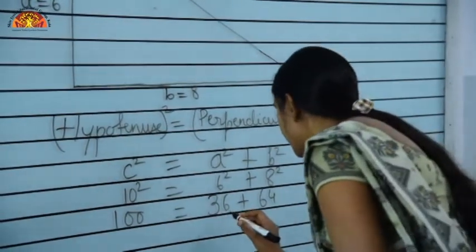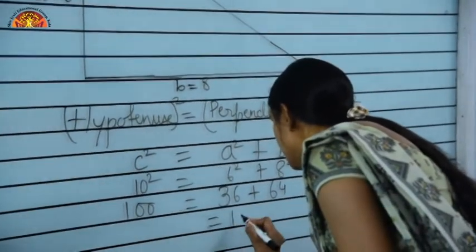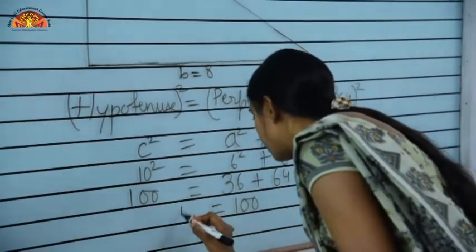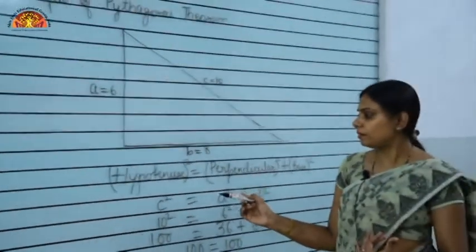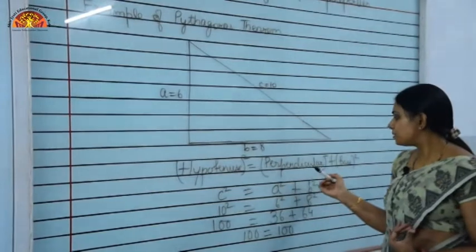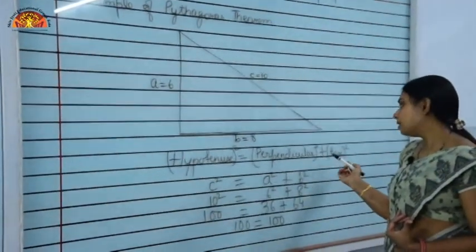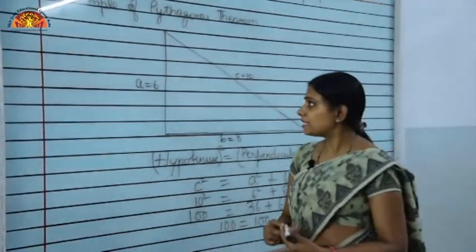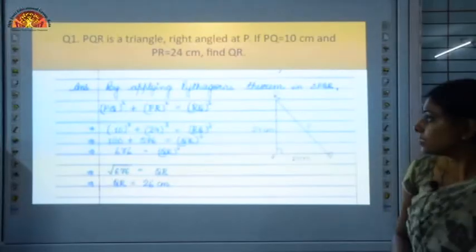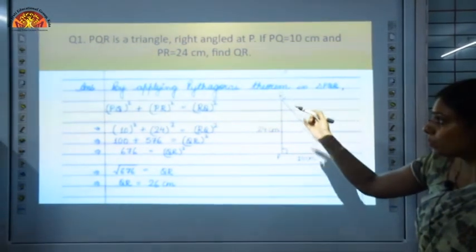So when you add 36 plus 64, it is equal to 100. So in case of Pythagoras theorem, hypotenuse square is equal to perpendicular square plus base square. So I hope children that you understand this example well. Similarly, you can solve the example given on this slide.